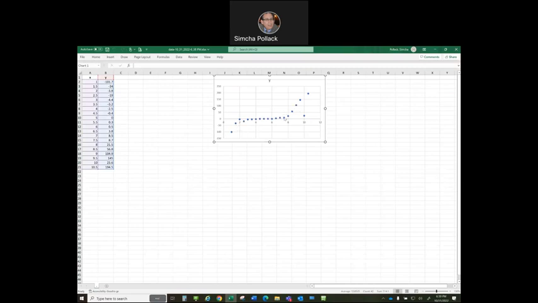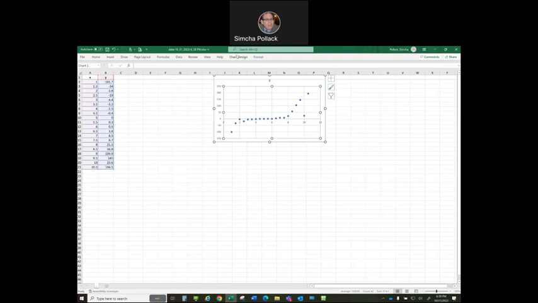It's not exponential because it doesn't start off slowly and then work its way up. It's not a U-shape, which would be a second degree polynomial, but it might be a third degree polynomial, which actually turns out to be the case, where there's an S-shape, which will often be the case.